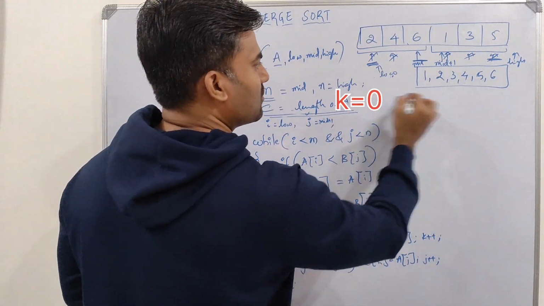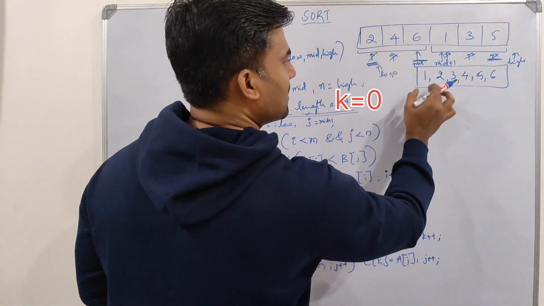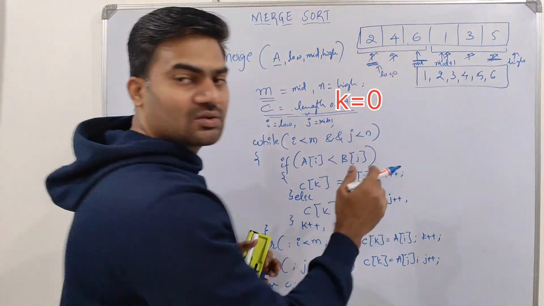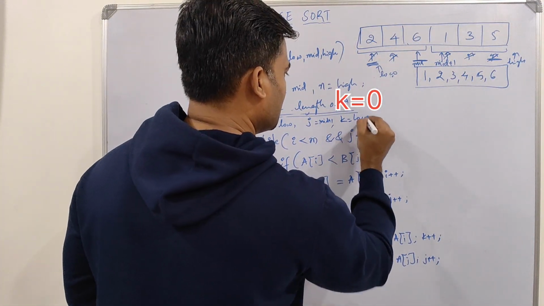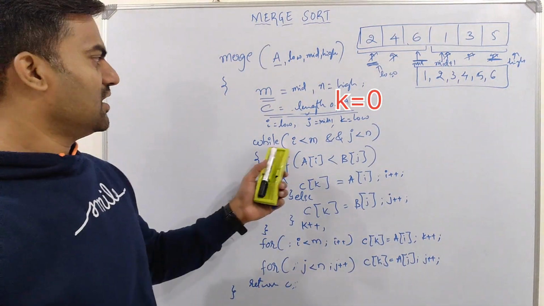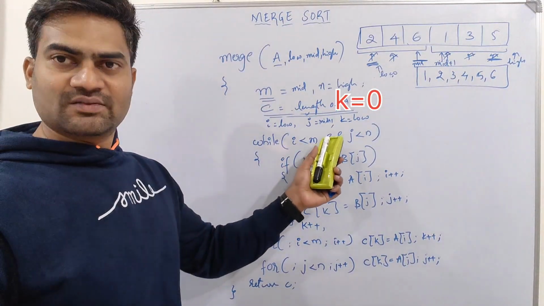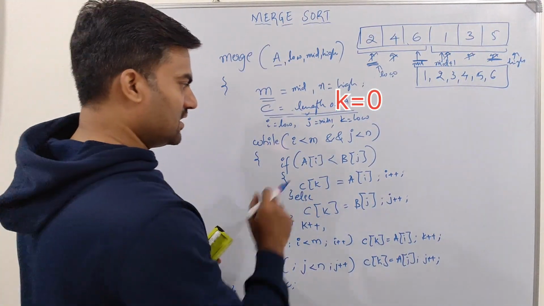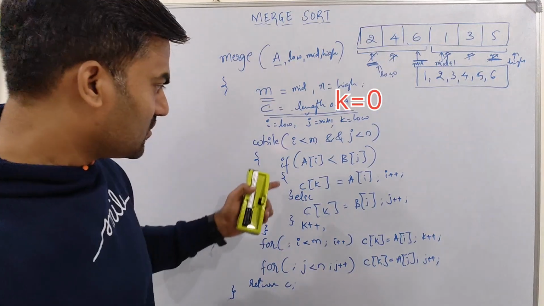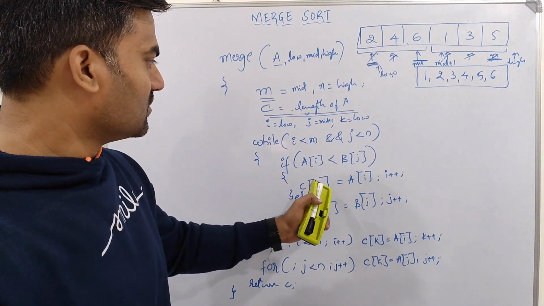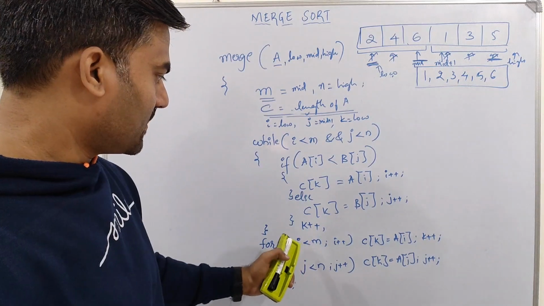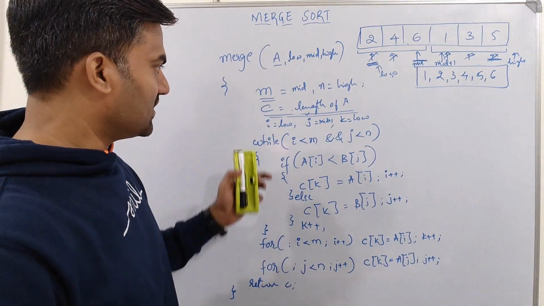So I will have to copy the element at the same position into the new array. So my K will be low. So this is the change, and then this will continue as it is. And K will be pointing to this. Yeah, this is sufficient, I think.